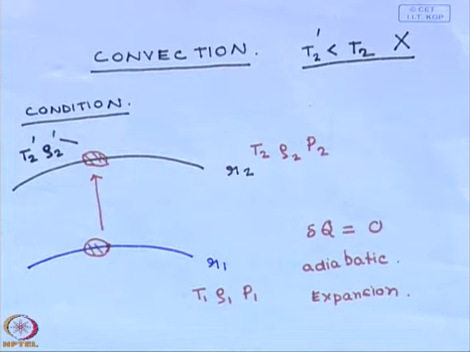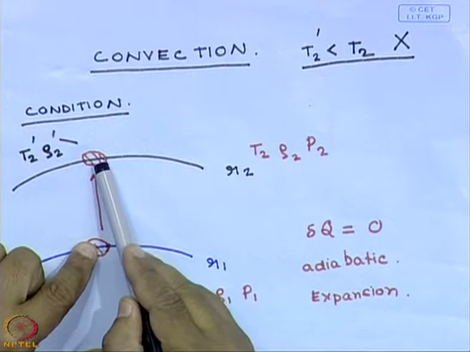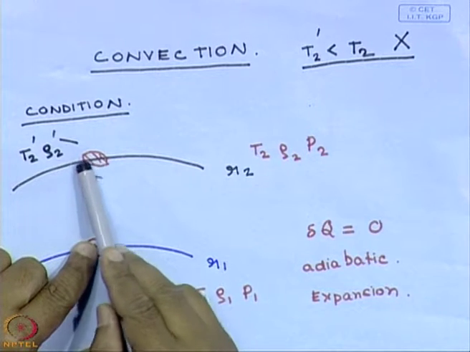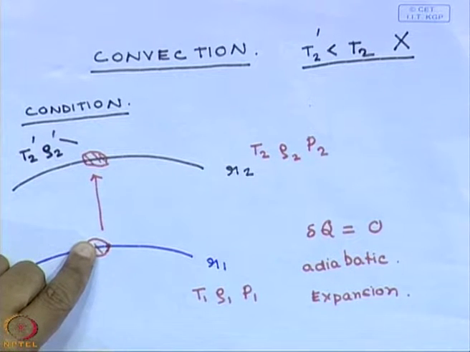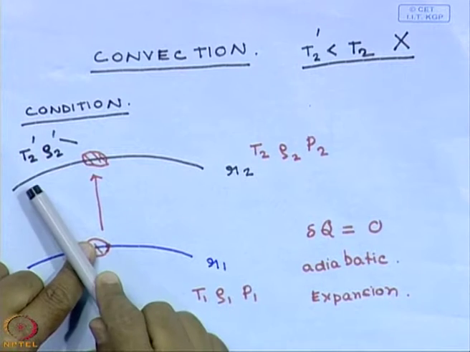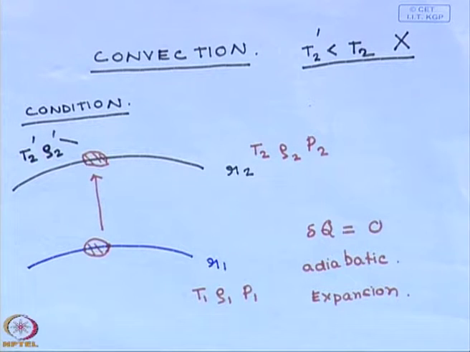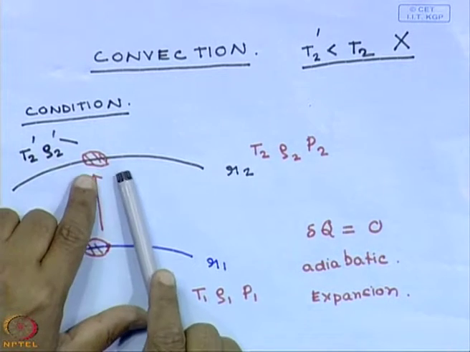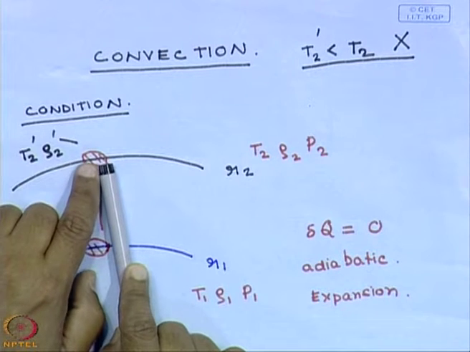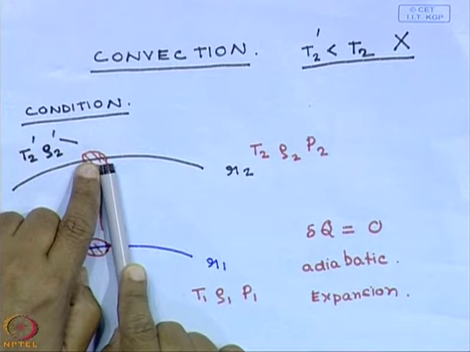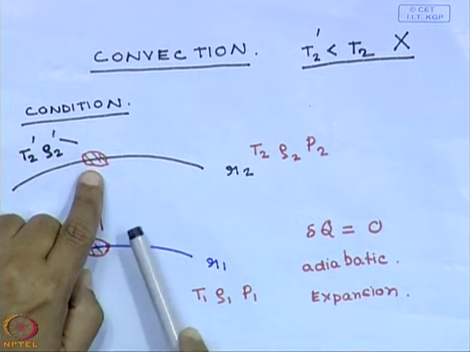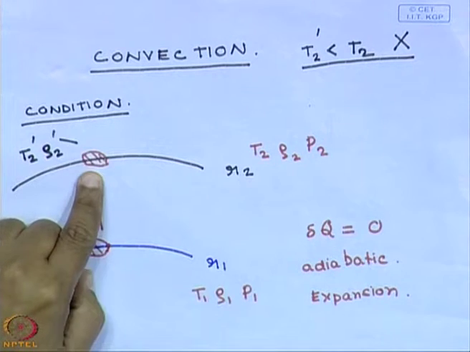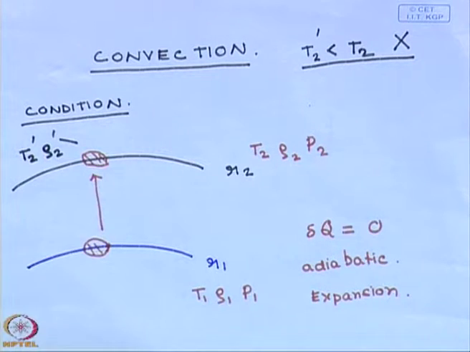Whereas, if the bubble when it moves from here to here is hotter than the surrounding medium, then the density in the bubble is going to be lower and the bubble is going to experience an upward buoyancy force.